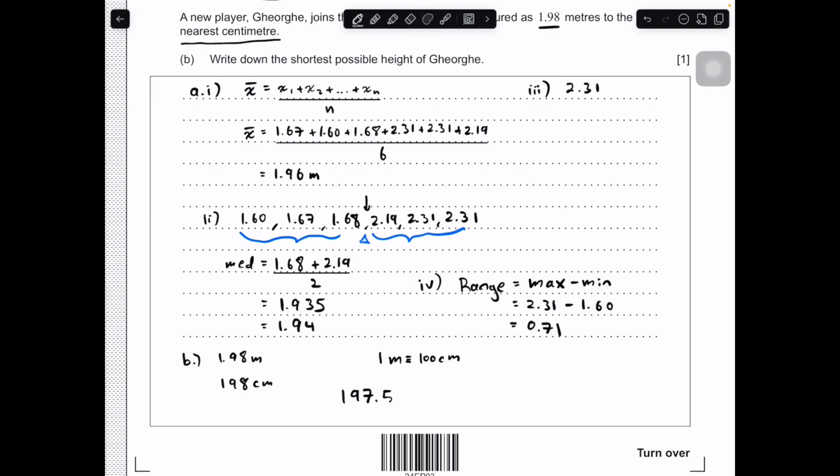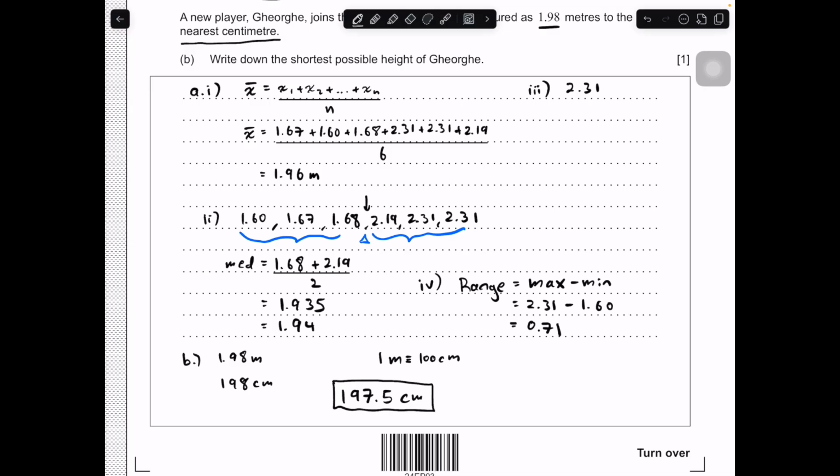Anything 5 and above, we round up to 198. So what is the shortest possible height of this basketball player? 197.5 in this case. Anything lower, we would actually round down because that's the nearest. And 0.5 and above, we would round up.